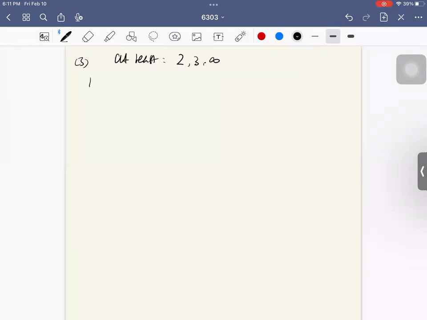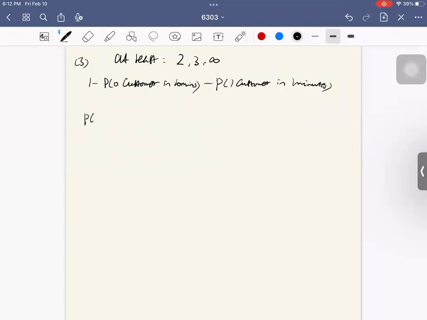The approach is 1 minus 0 customers in 10 minutes, minus 1 customer in 10 minutes. Then we can get the result of at least 2 customers arriving in 10 minutes.